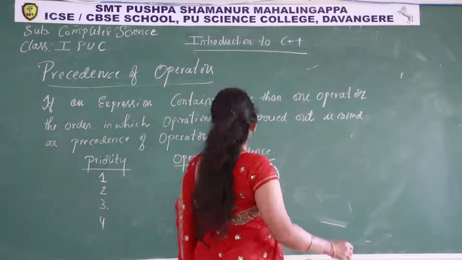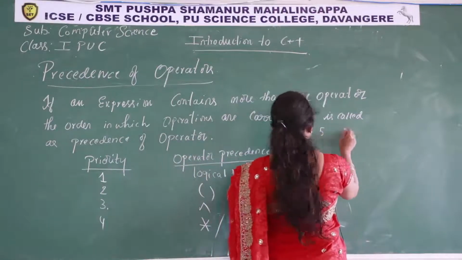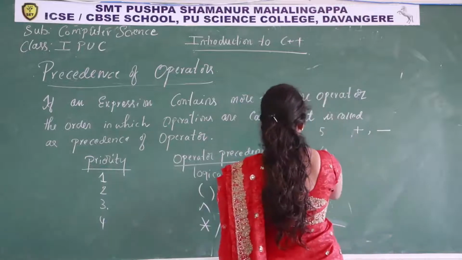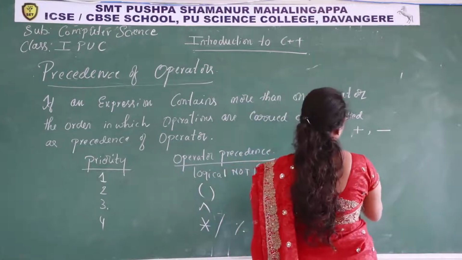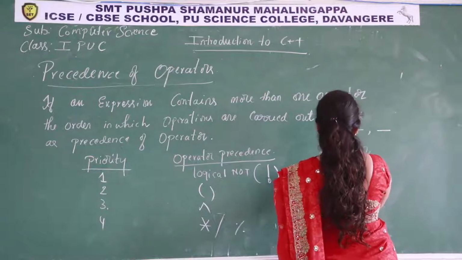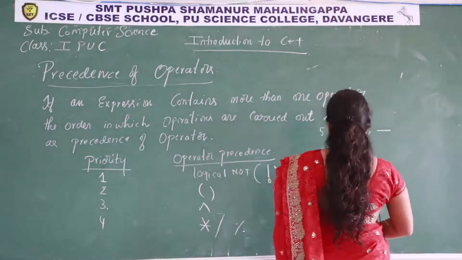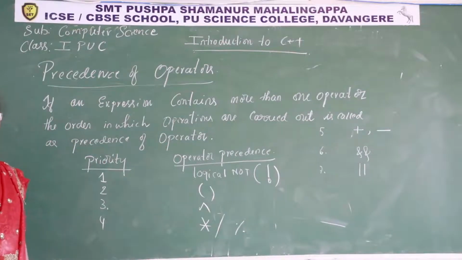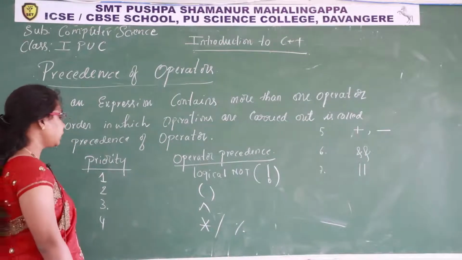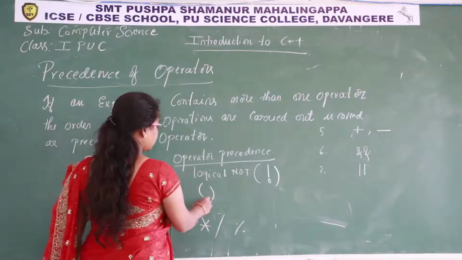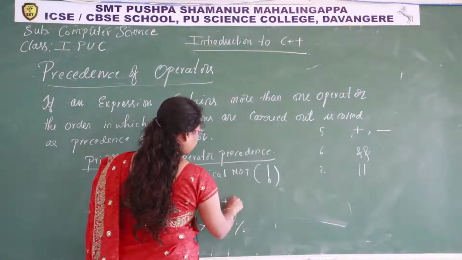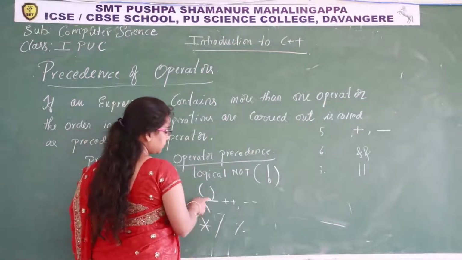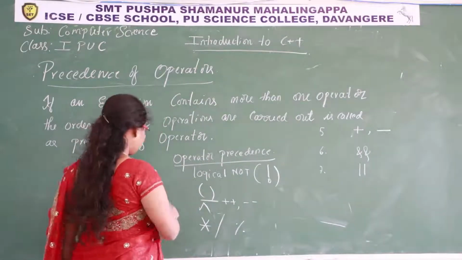Fifth priority, plus, minus. Sixth one, AND operation, OR operation. If you have increment and decrement operators, that priority comes after parenthesis. Okay.